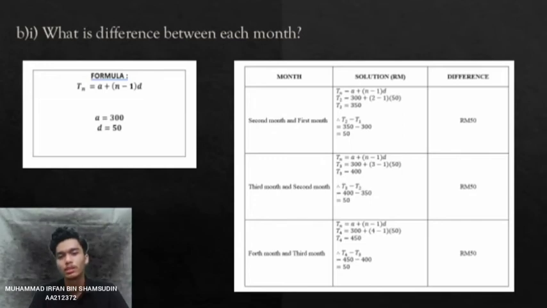So the answer is T4 equals 450. The difference between these 2 months is 450 minus 400, and the answer is RM50. So the difference between each month is RM50.